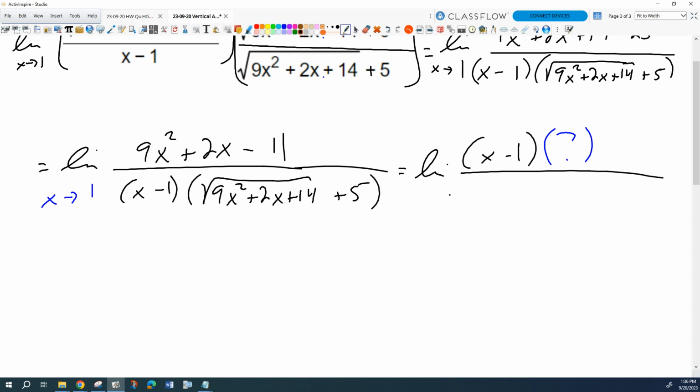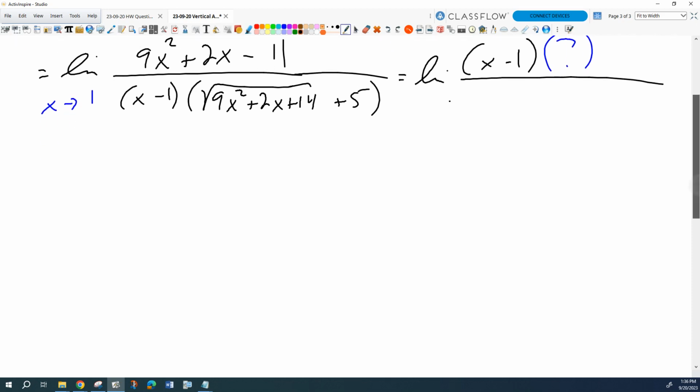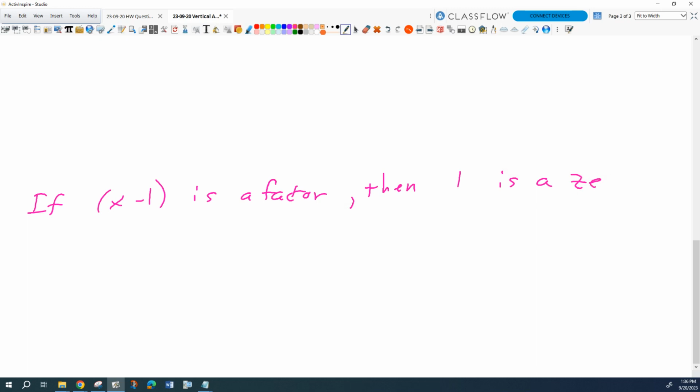But the other thing we could do is use synthetic division, right? Here, I'll come down to the bottom of the page. We know a couple things. We know that if x minus 1 is a factor of the numerator, then 1 is a 0 of the numerator, right?